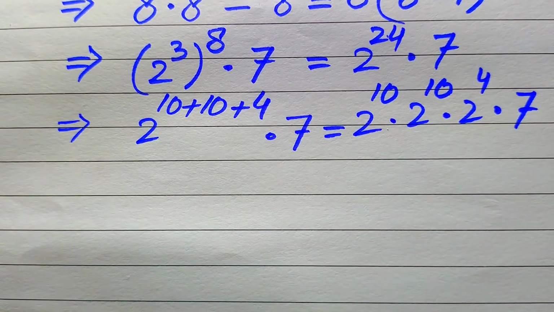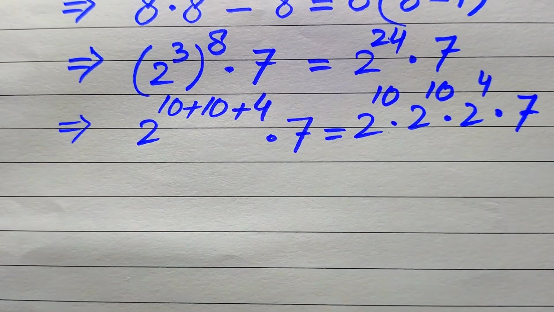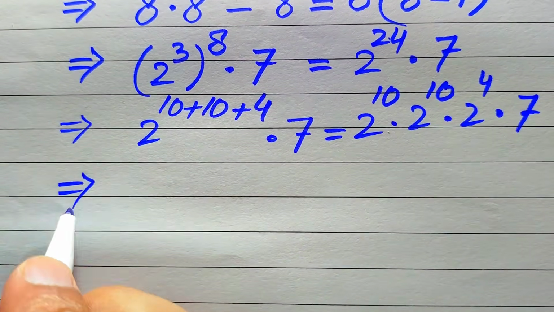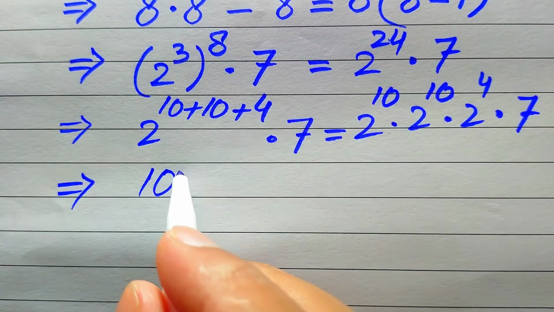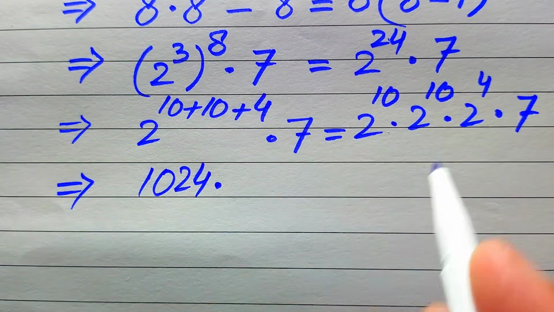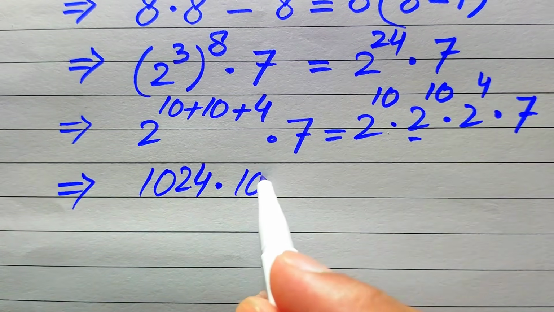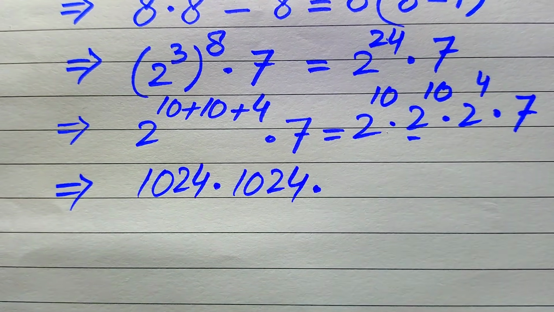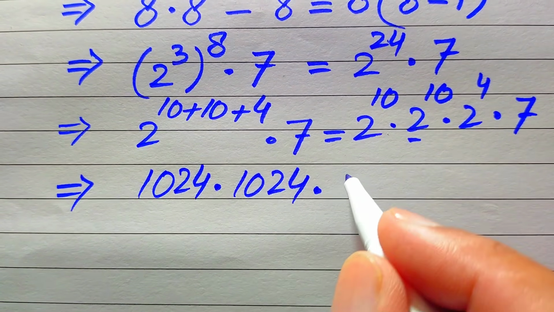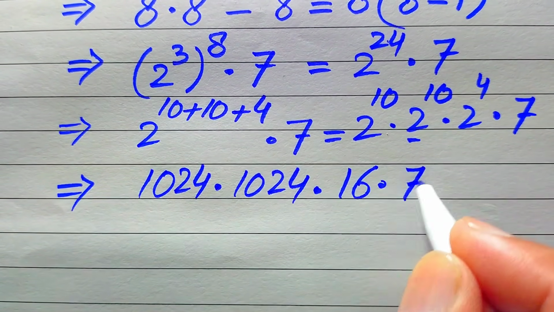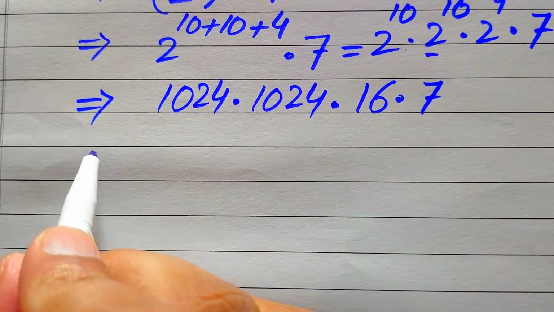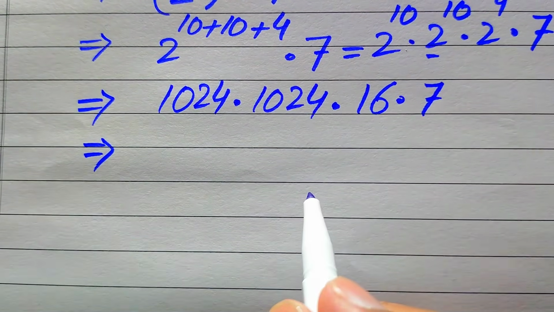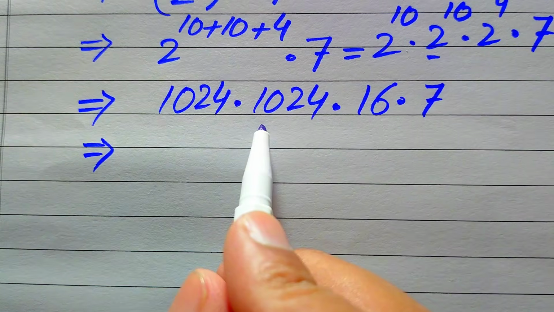You very well know that 2 to the power of 10 equals 1024, multiplied by 2 to the power of 10, which is also 1024, and 2 to the power of 4 equals 16, times 7.